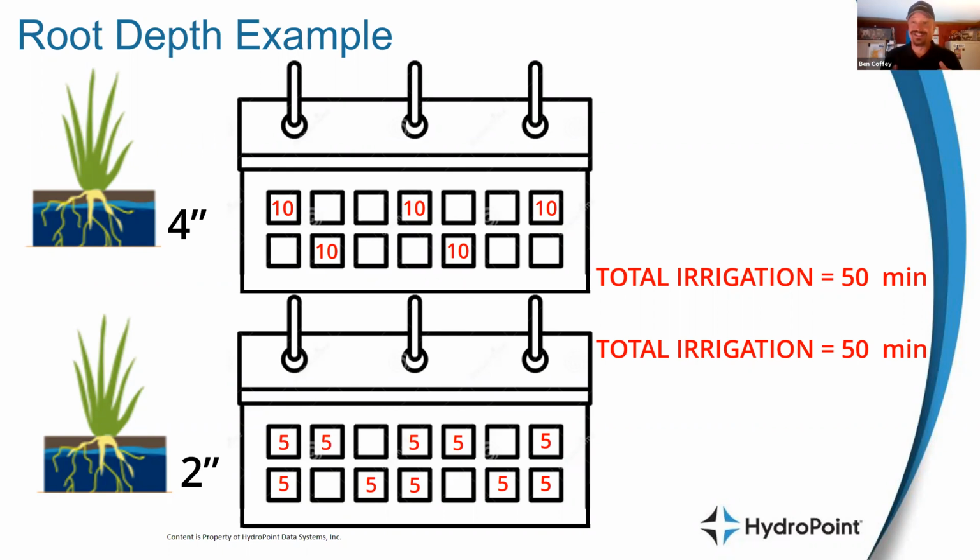It would be able to sustain longer without an irrigation event because of those deep roots. So not surprisingly, if someone changed that 4-inch root depth to 5-inch, you'd see a change in frequency, a change in runtime. You know, longer run times to drive water further down, but fewer run times in between because it takes longer for that water to be consumed by the plant or evaporated by the weather.